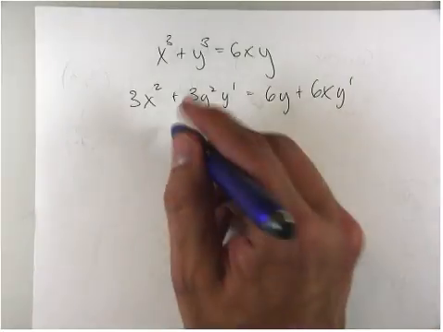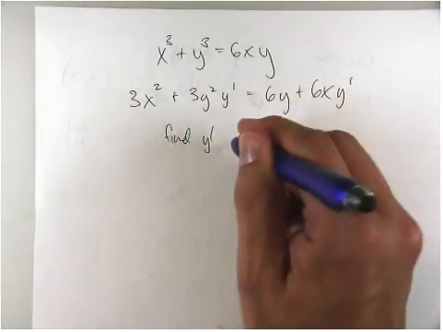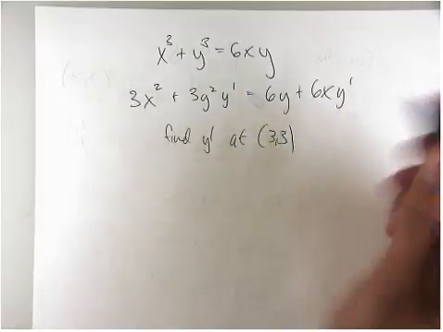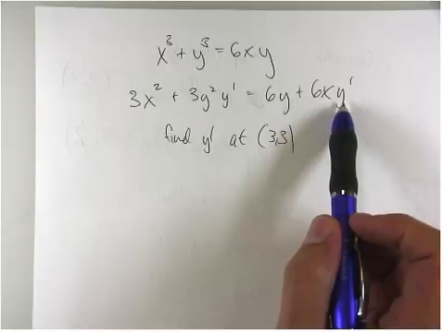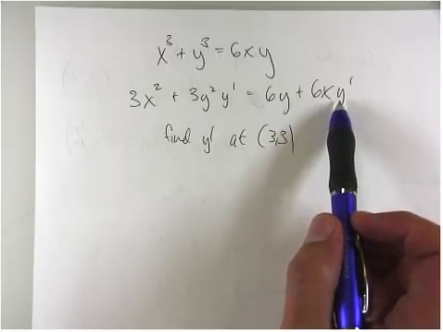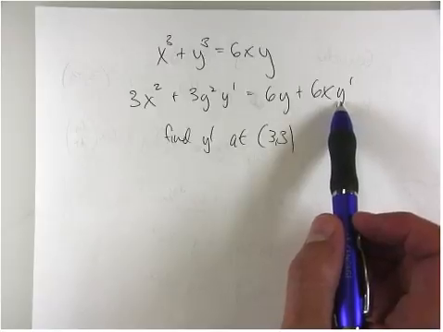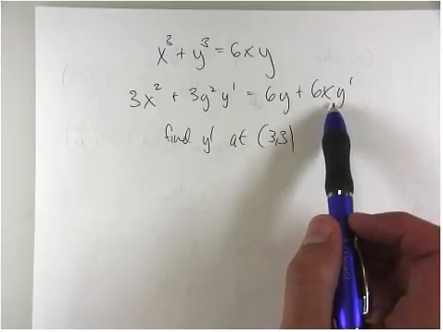And I want to know, find y prime at (3, 3). Well, why solve for y prime in terms of x's and y's if all I'm going to do is evaluate it after? Why don't I just evaluate it now, and I can talk about a bunch of numbers instead of talking about variables?